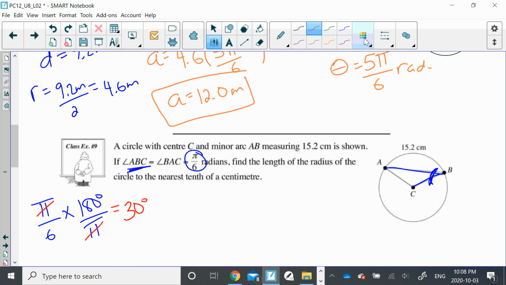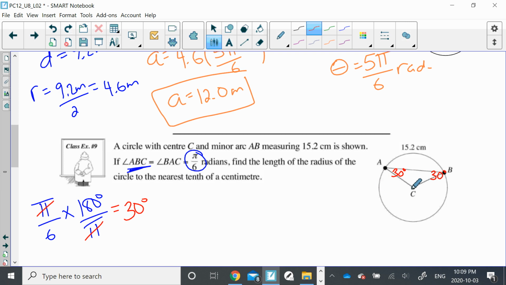So what they've just told me is that angle ABC is pi over 6, but right now I'm just going to say, okay, that's 30 degrees. They tell me ABC is equal to BAC. So BAC, if you trace it, B to A to C, this angle here is also 30 degrees.